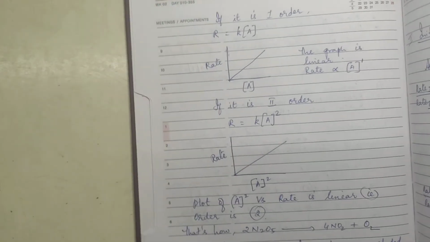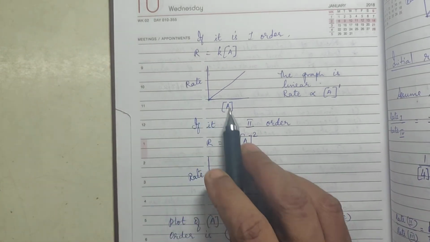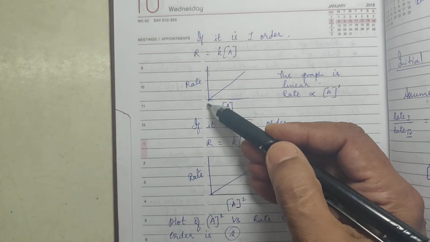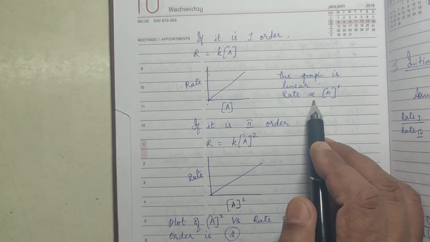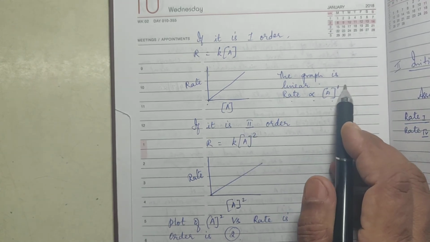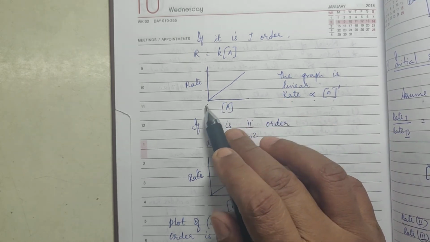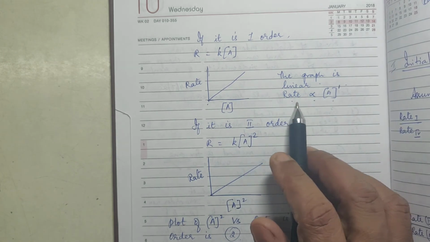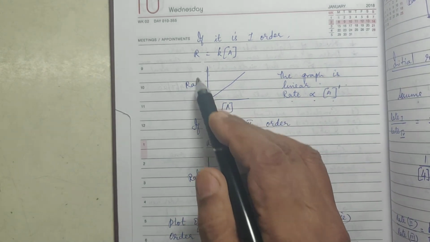Now if it is first order, then again if you take rate versus A, it goes like this. The graph is linear, so this shows that rate is proportional to A power 1. It shows that as and when the concentration of A increases, rate is also increasing.